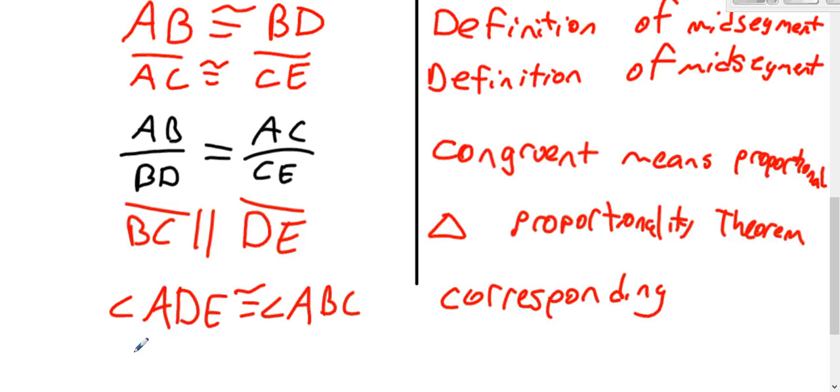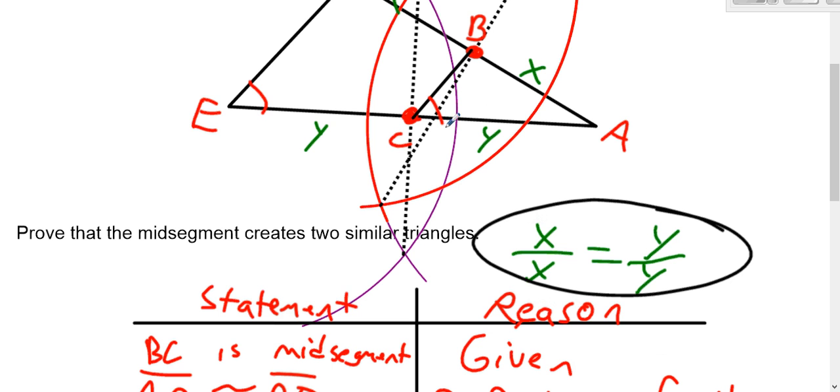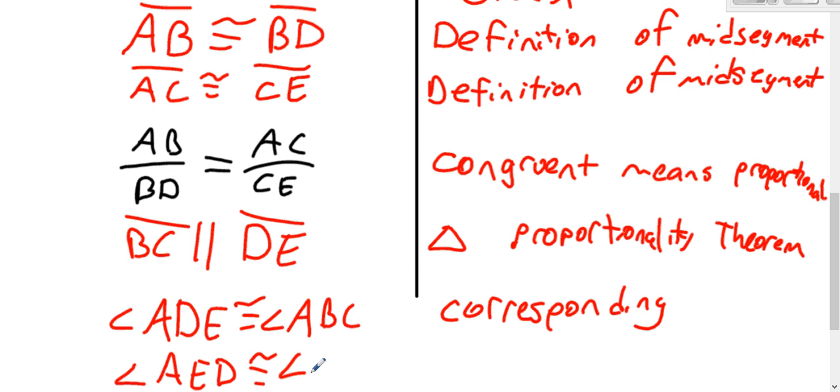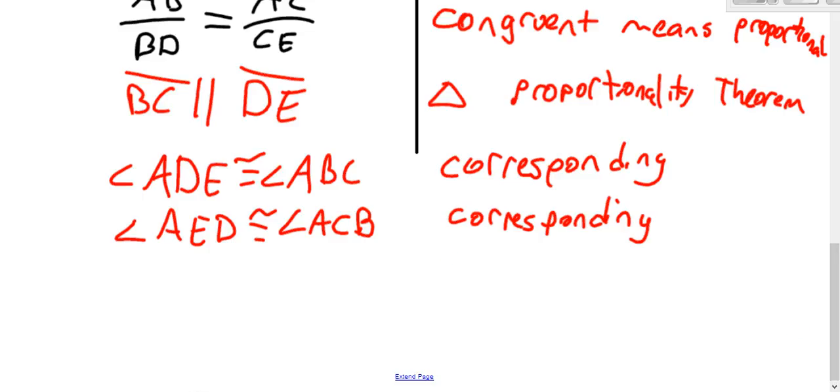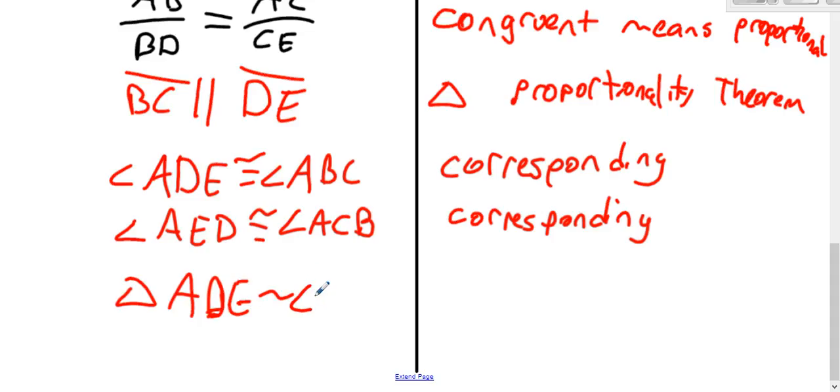We can say the same thing for angle AED, just the other angle over here, and ACB. So two angles are congruent, which means the triangles are similar because of angle-angle.